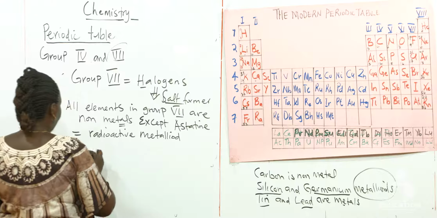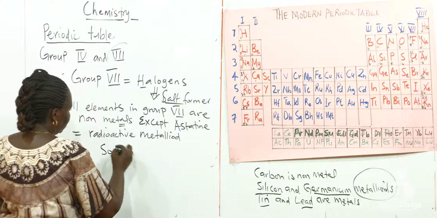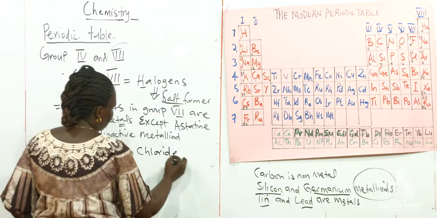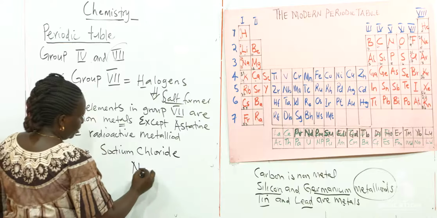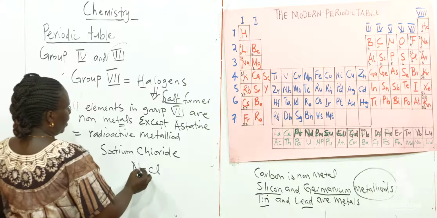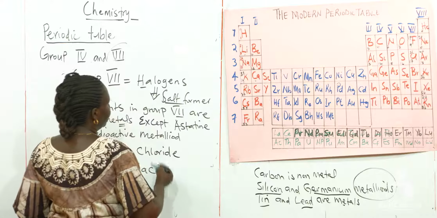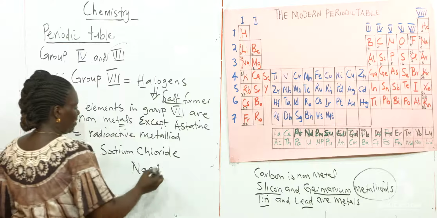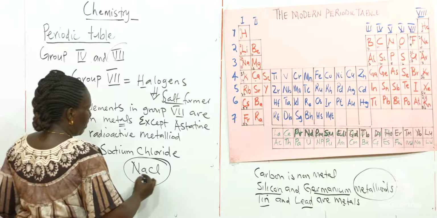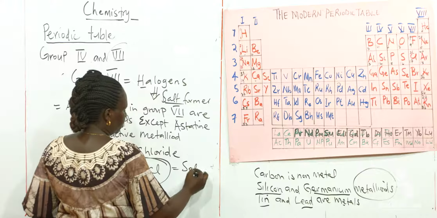Sodium chloride is NaCl, this is the chemical formula. Sodium is a member of group 1, and chlorine is a halogen from group 7. The two can react to give us a compound called sodium chloride, and sodium chloride is a salt.